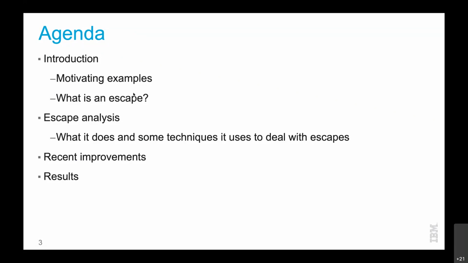And then I'll go on to describe some recent improvements that have gone into escape analysis over the last year and a half or so, and a little bit of performance results.